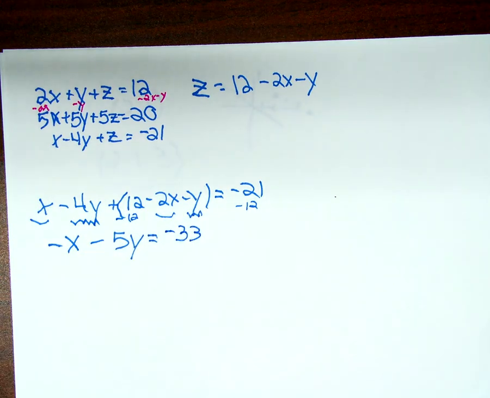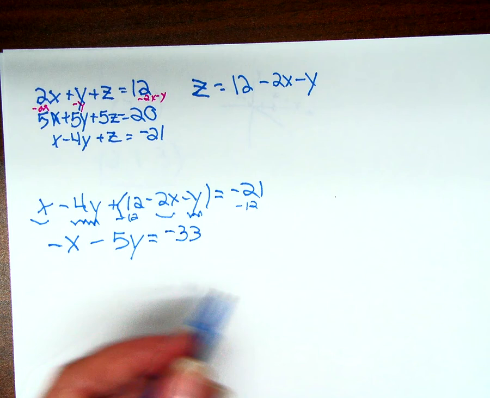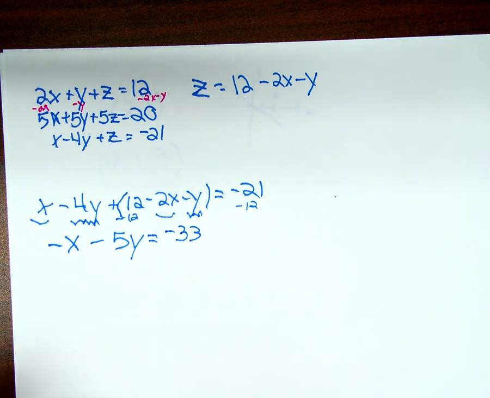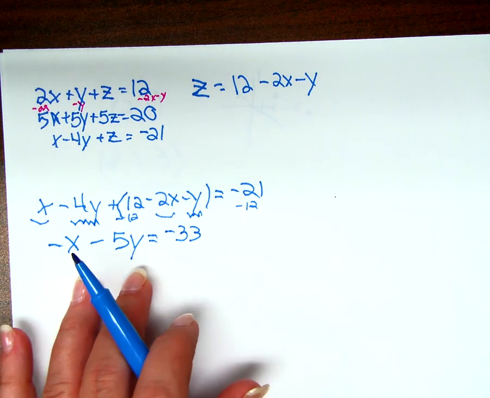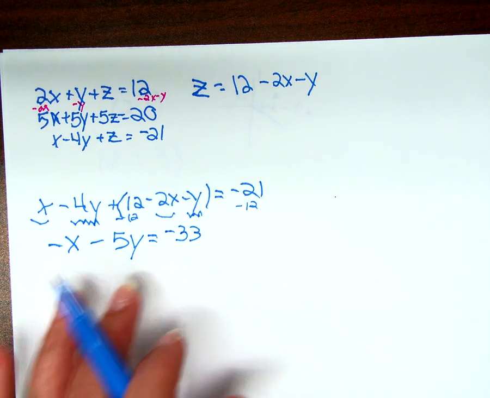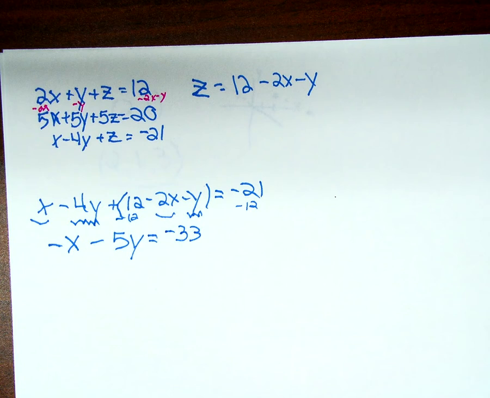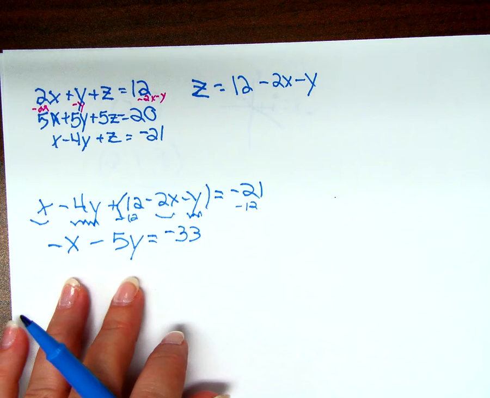Okay? Now some people from here want to try to divide by 5, or they want to divide by negative 1 or something like that. What was my goal? Get an equation with two variables. Have I done that? Then I need to step back from that. I need to leave it alone for a minute. Because my first goal was to get an equation with just x and y.